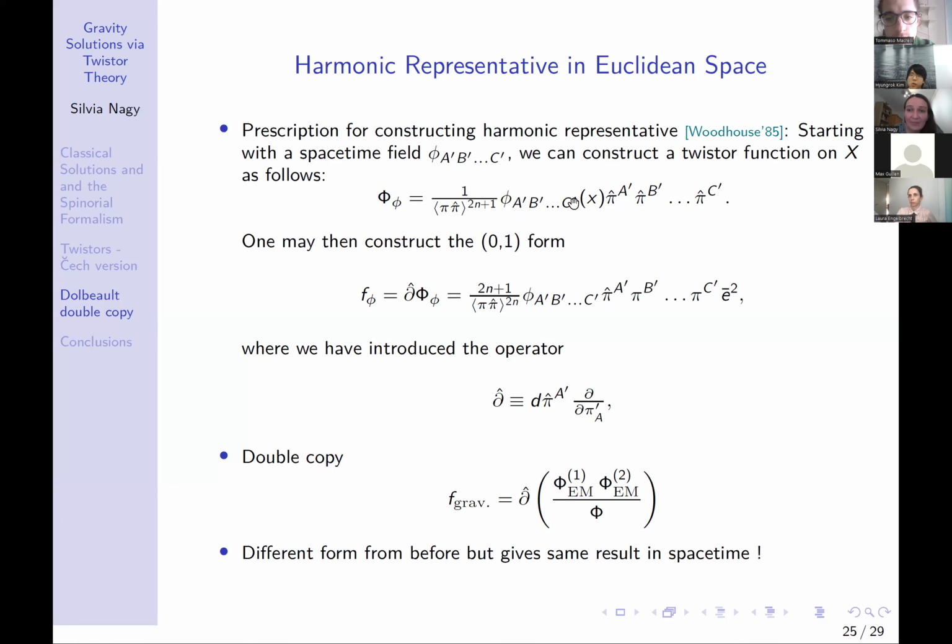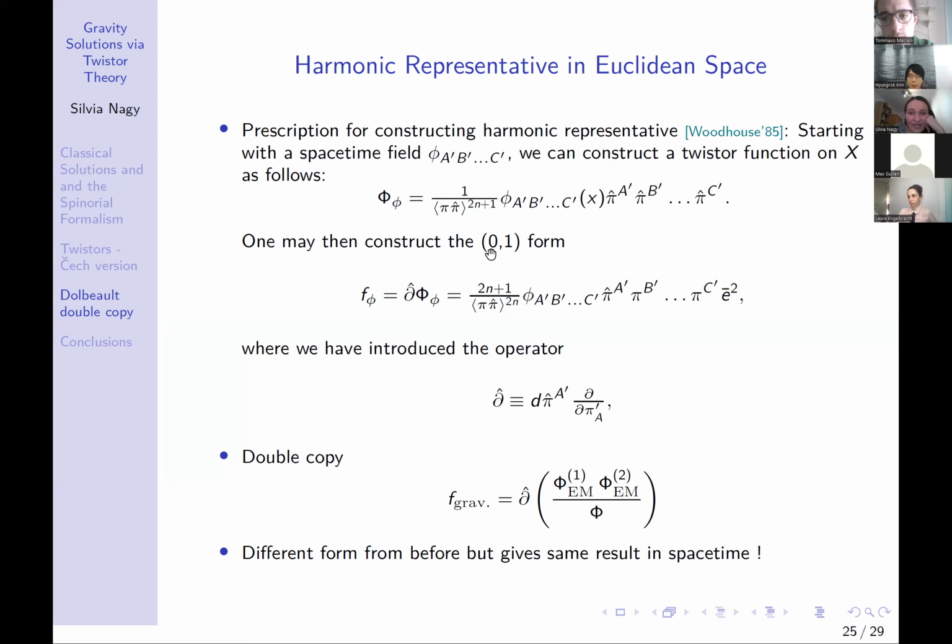And the first step is to construct some kind of Twistor function that I call phi here in the following way. So I just contract all the indices with these two component guys here, and then I have some volume element type thing in front, and this depends on the spin of the field that I'm looking for.